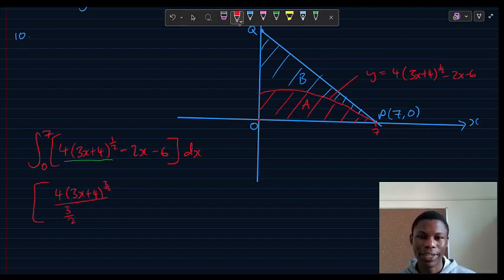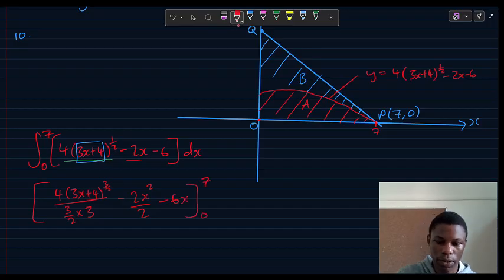And now differentiate the inner function, which is the 3x plus 4. If you differentiate 3x plus 4, you get a 3. So multiply by that 3 in the denominator. And now integrate negative 2x. So that's negative 2x squared over 2, add 1 to the power, divide by the new power. Then negative 6, that just becomes negative 6x. This is from 0 to 7.